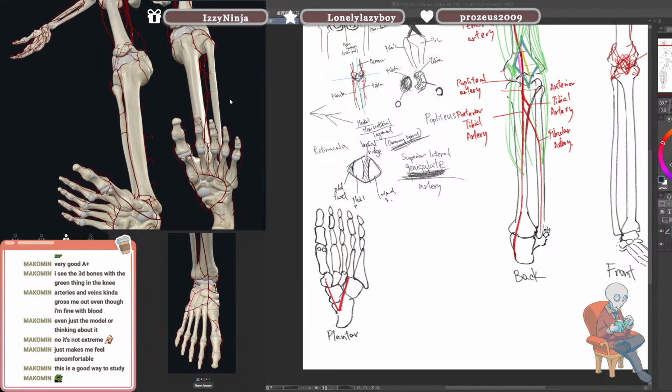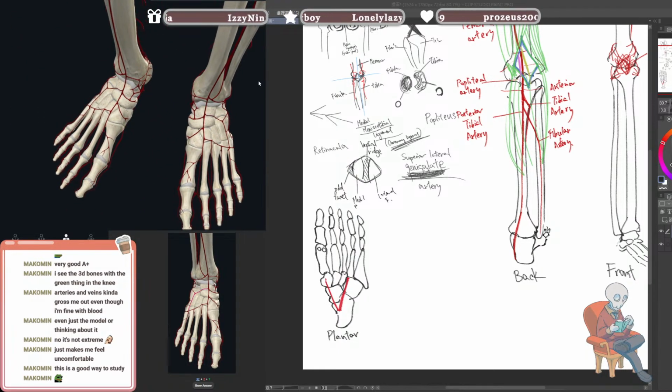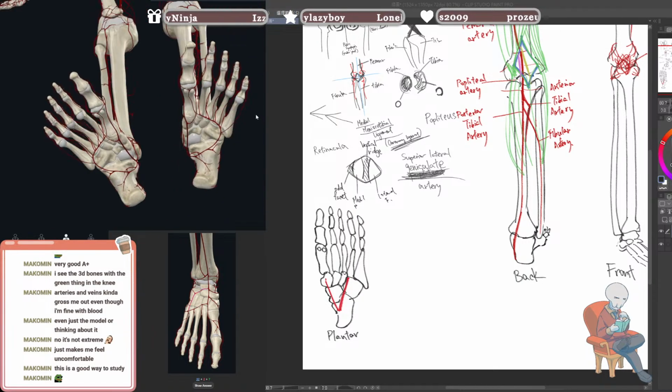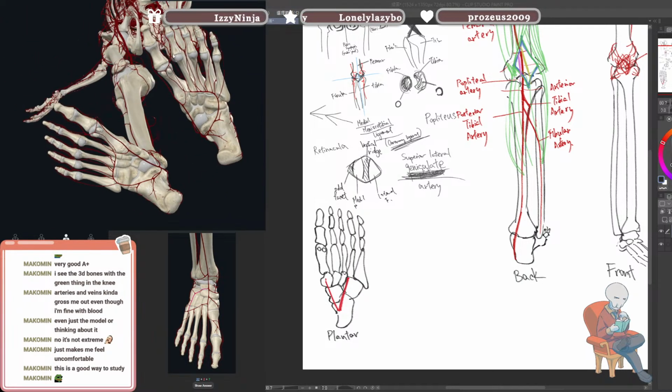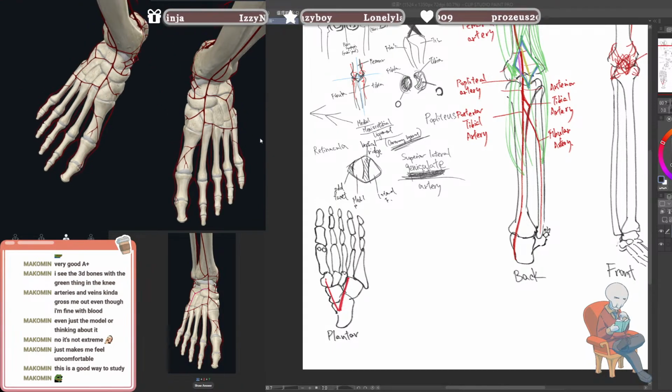It's interesting that there is a talus bone in your feet, but you can't see it at the plantar side. You can only see it at the dorsum side. So this is the dorsum or dorso.